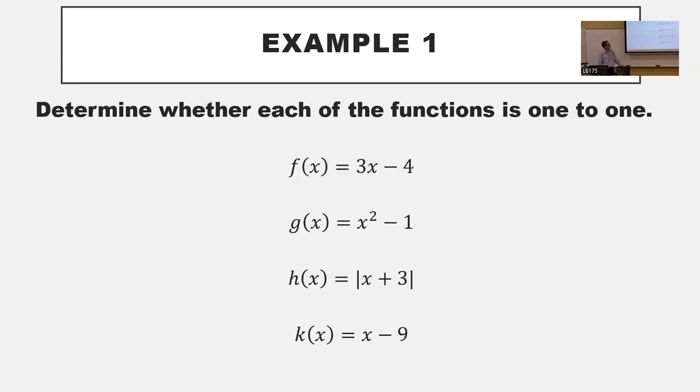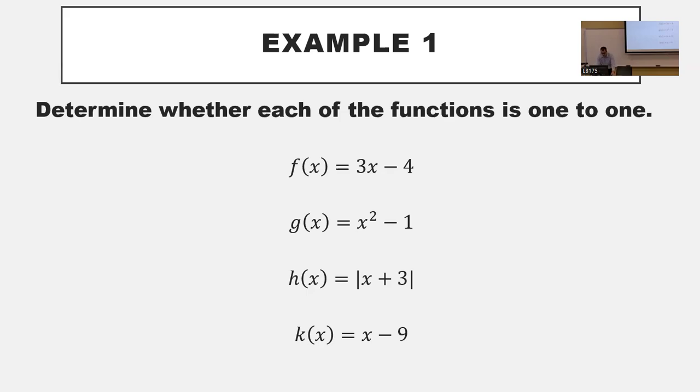But let's start out with determining which of these functions are one-to-one and which are not. So we have f of x equals 3x minus 4, g of x equals x squared minus 1, h of x equals absolute value of x plus 3, and k of x equals x minus 9.